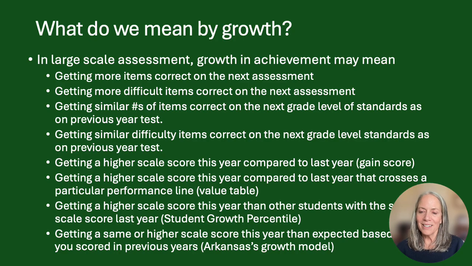So it's not as direct as what we were used to, but it gives us a much more precise idea of where students are relative to grade level. So the trade-off is that we're understanding a student's ability relative to grade level standards at a more precise level.